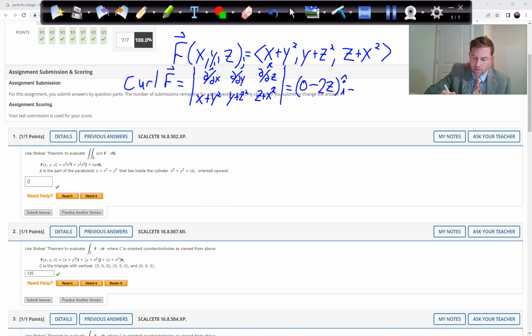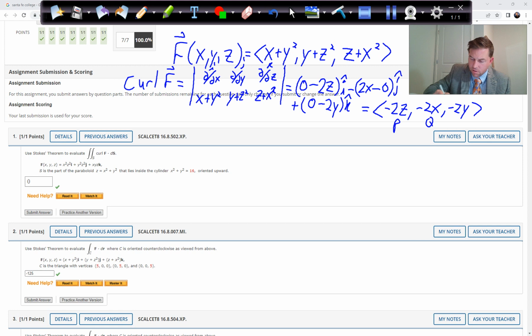That's in the i, minus, cover up the middle column, partial x with respect to z plus x squared is 2x, minus partial z with respect to x plus y squared is 0 in the j, plus, cover up the third column, partial x with respect to y plus z squared is 0, minus partial y with respect to x plus y squared is 2y in the k. So this curl is minus 2z, minus 2x, and minus 2y, and that's going to be P, Q, and R.